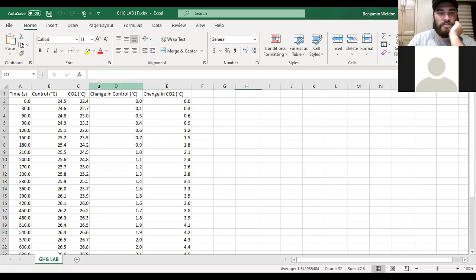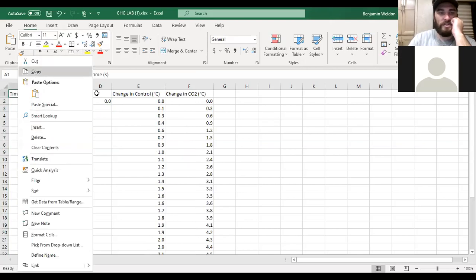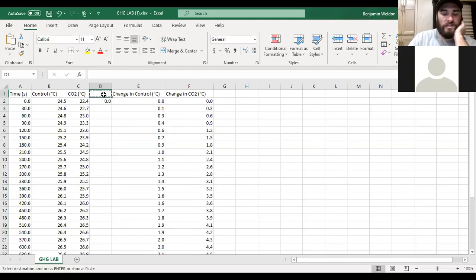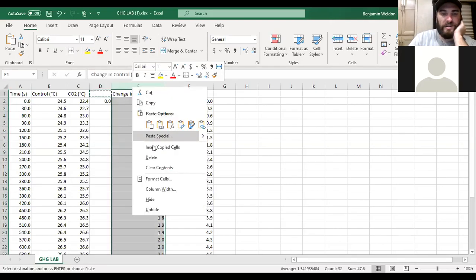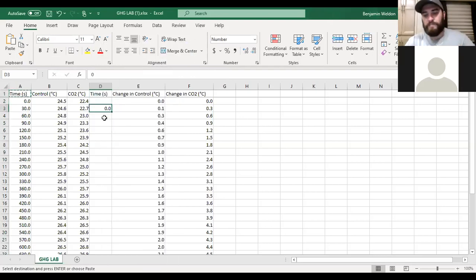So time, you can do it two ways. I'm going to do it a little differently at first. Just because it looks a little cleaner, I'm just going to insert a tab. To do that, you would just click here and hit insert. It'll move everything over. We'll shift them down. Okay.